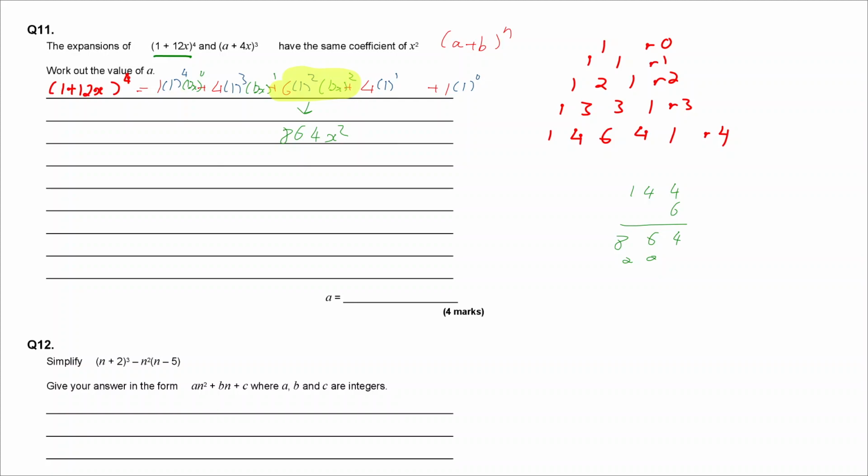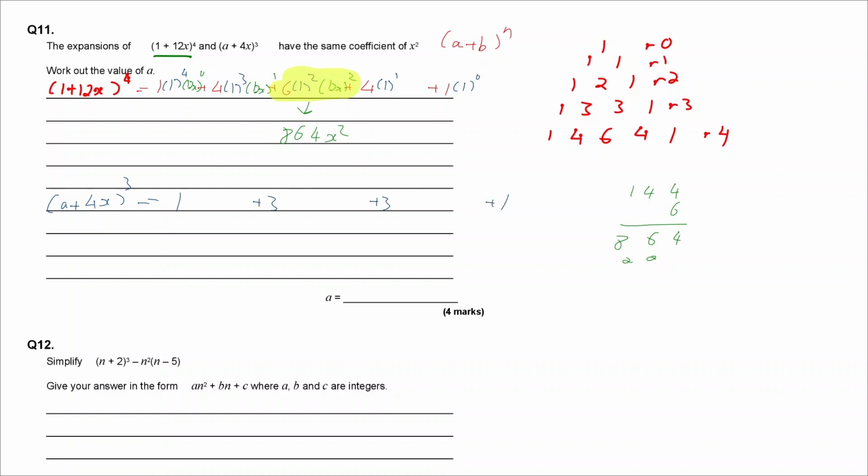Right, that's fine. This is good. And you'll notice on this one here, a plus 4x cubed, I'm looking at cubing it, so I want row 3. So my numbers from Pascal's triangle are going to be 1, 3, 3, 1. So plus 1, plus 3, plus 3, plus 1.